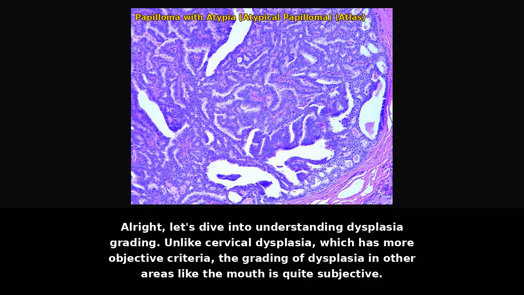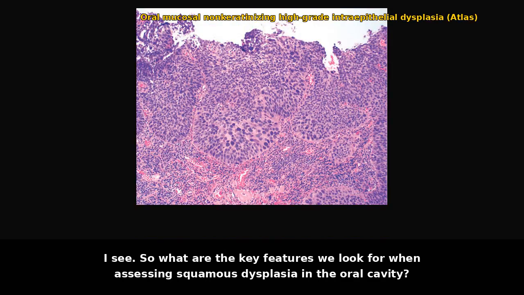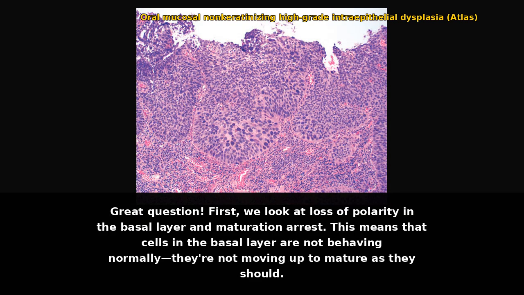Unlike cervical dysplasia, which has more objective criteria, the grading of dysplasia in other areas like the mouth is quite subjective. I see. So what are the key features we look for when assessing squamous dysplasia in the oral cavity? Great question.